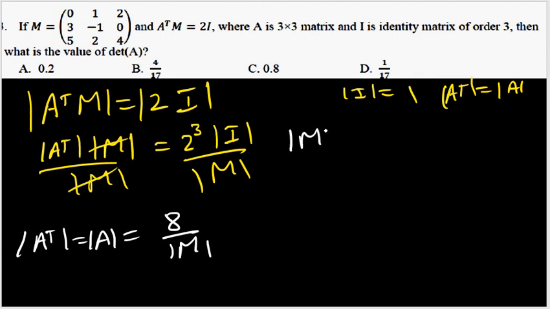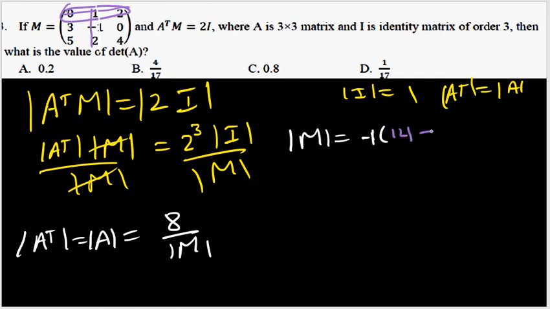The determinant of M: I'm going to select the first row. The first entry is 0, so 0 times whatever is 0, and then the next one, negative 1 times, I'll cancel the second column and first row. 3 times 4 is 12, minus 5 times 0 is 0, so that's simply 12.